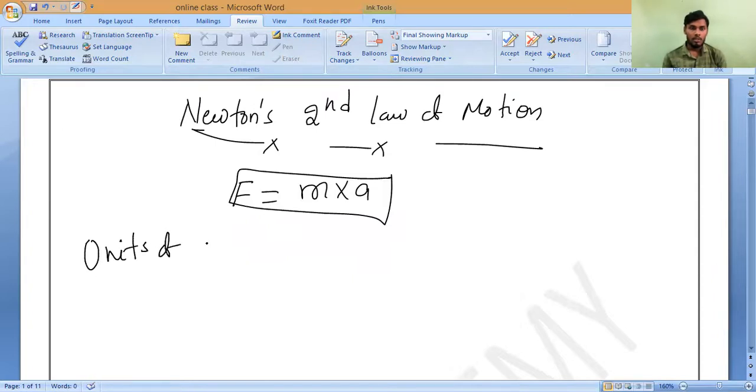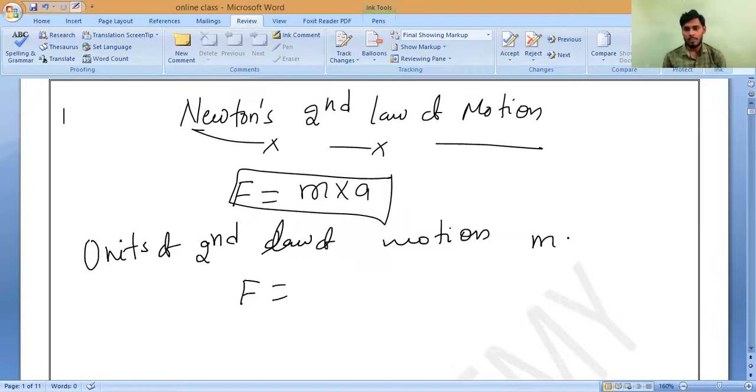Units of the second law of motion. Can you say what the unit of mass is? Please tell me. Mass is measured in kilograms. As well as, what is the unit of acceleration?